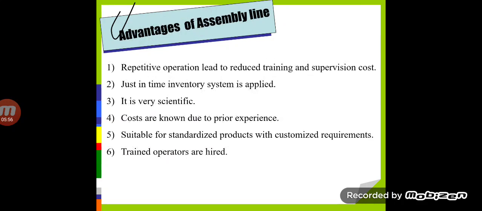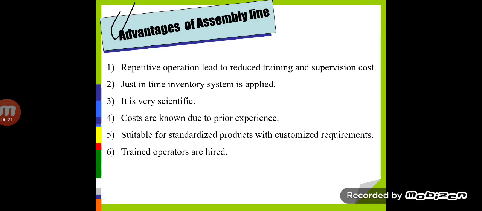Here are the advantages of the assembly line process. First, the repetitive operations lead to reduced training and supervision cost. Because the work on every single part of the finished goods is repetitive, we do not require much training or supervision for the employees, so the cost of training and supervision goes down.